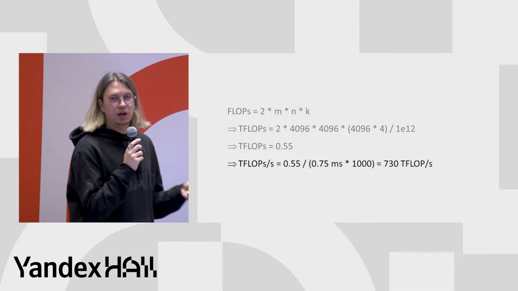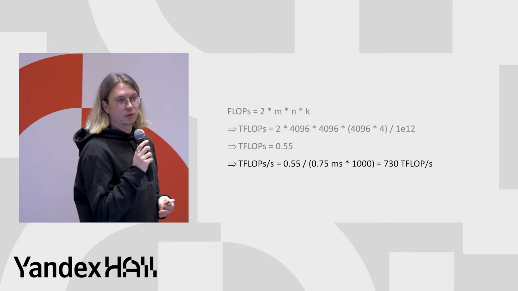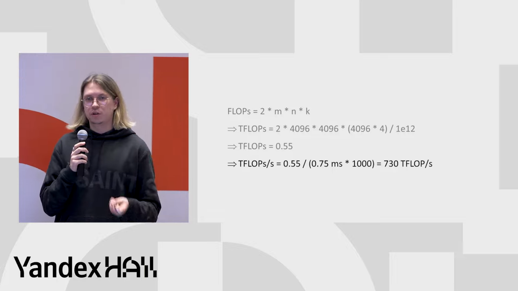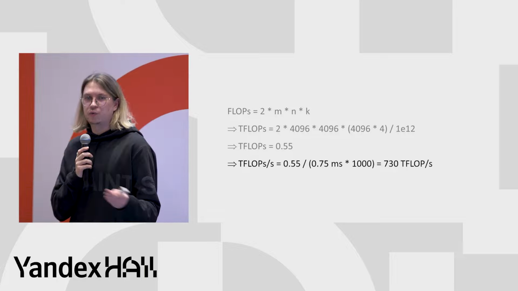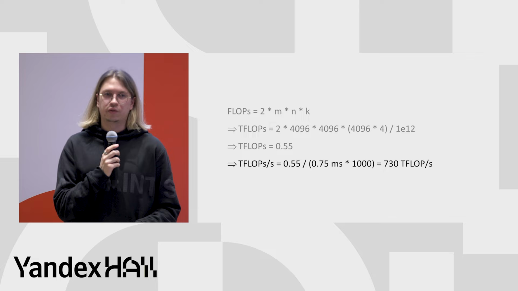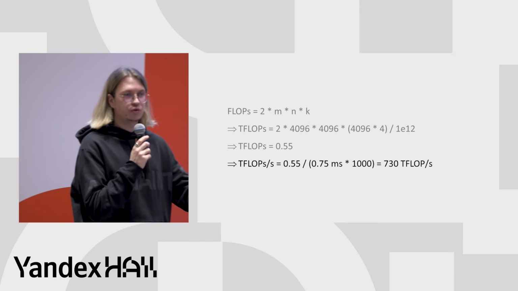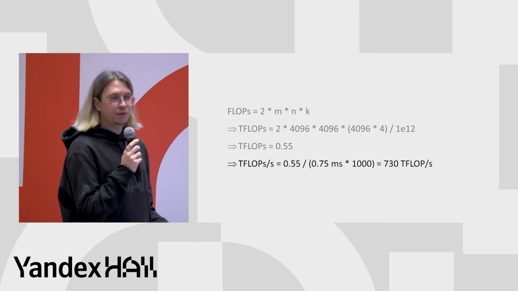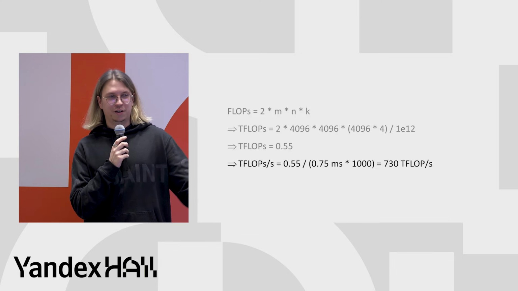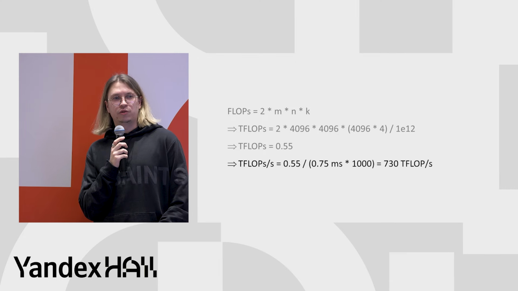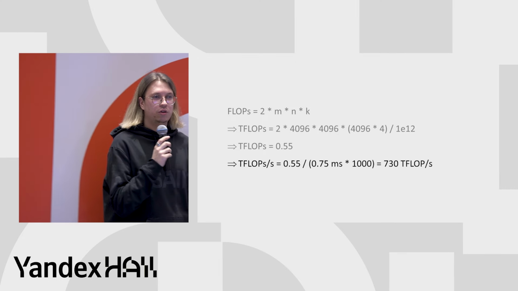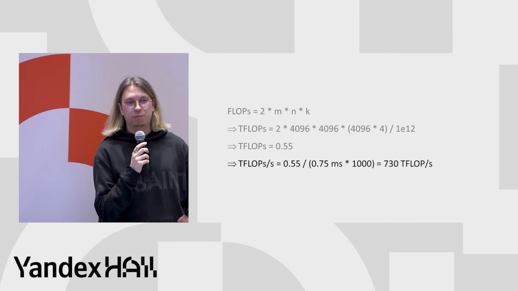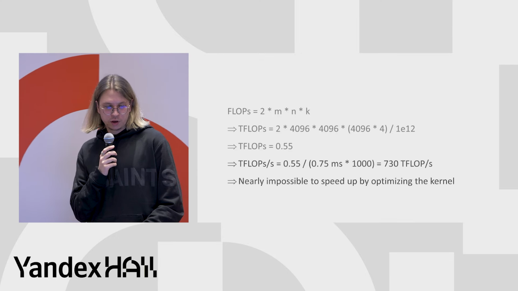The optimal numbers are 990. And here we have 700. So probably with matrix multiplications, we wouldn't be able to have this streak as we did with Triton, where we just write a more efficient kernel, and we are happy to go, because for matrix multiplications, libraries such as CUTLASS or cuBLAS already have efficient implementations, and PyTorch uses them by default.